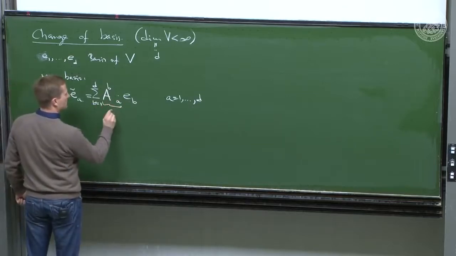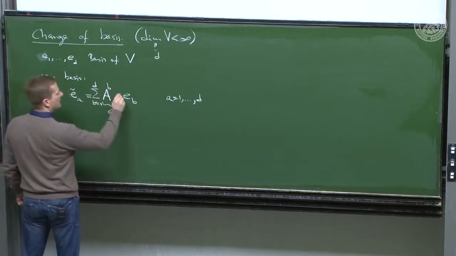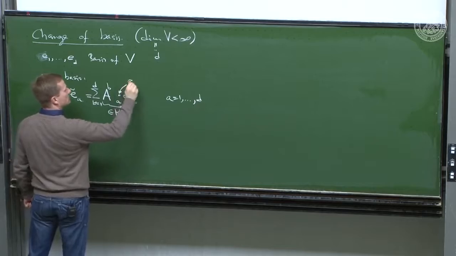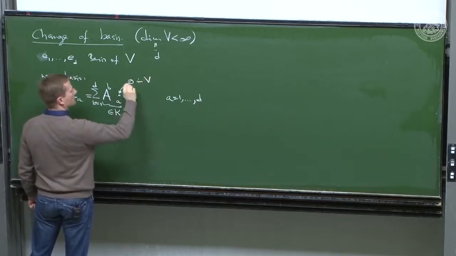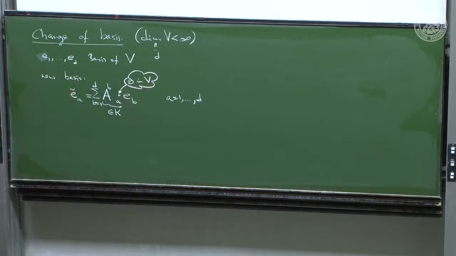These guys here are just elements of K. This here is the S multiplication in V, and that is the new basis.